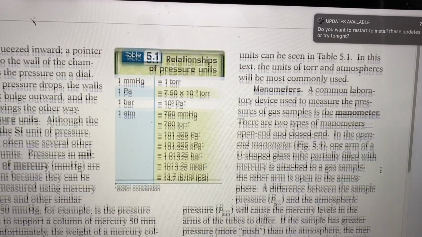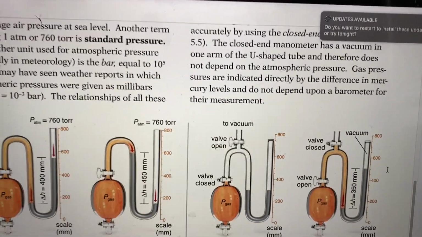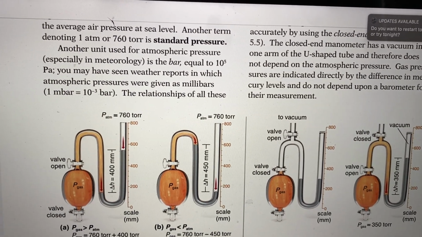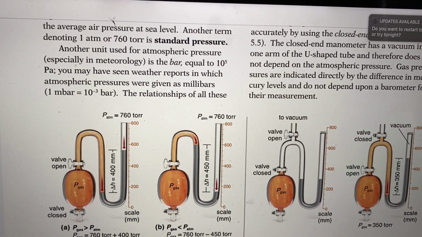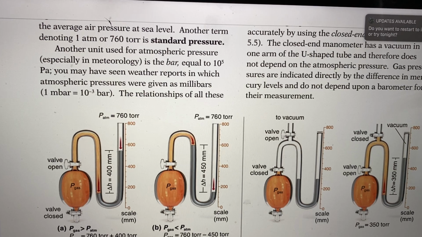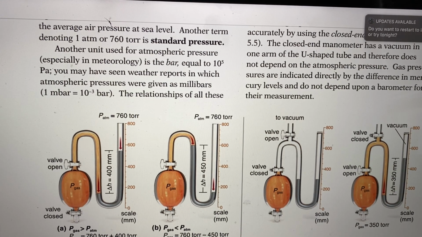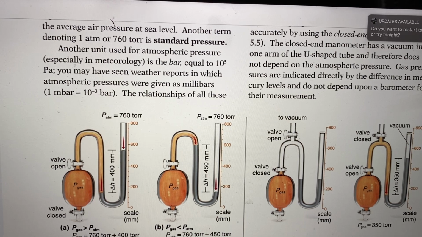All right. These manometers are another way to measure pressure. A manometer is a common laboratory device used to measure pressure.